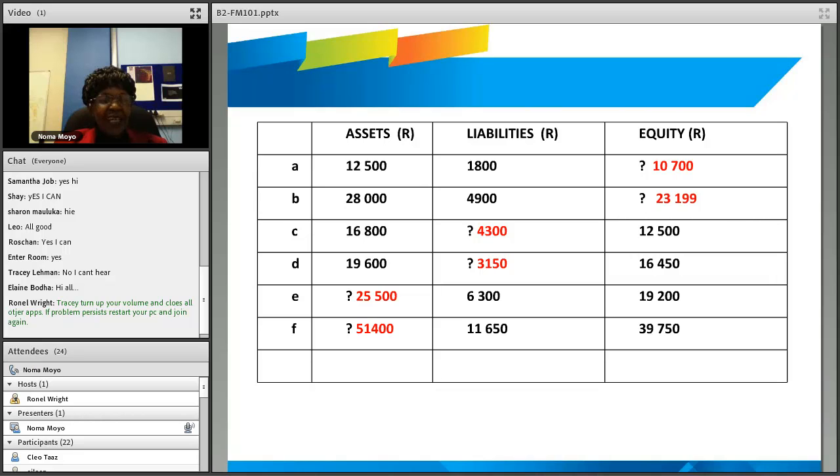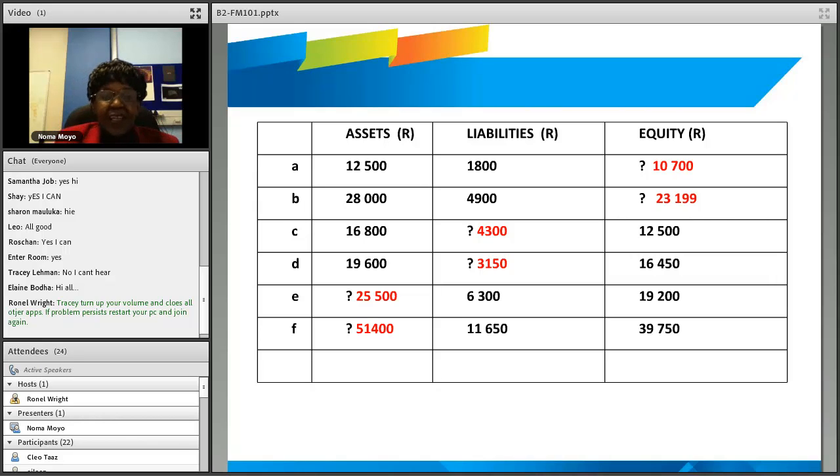Finally, for E and F, you are to calculate assets. And we know that assets are liabilities plus equity or equity plus liabilities. So we've been given liabilities 6,300, equity 19,200. To get assets, we will have to add those two, which is 19,200 plus 6,300.